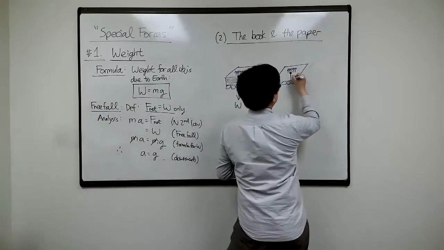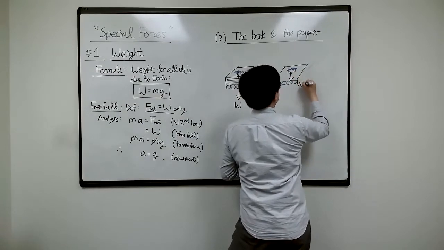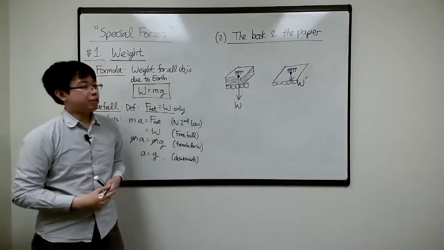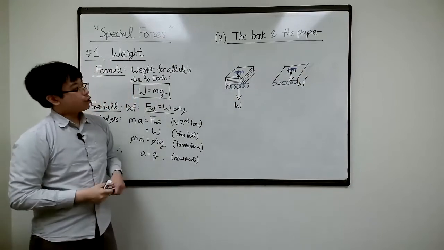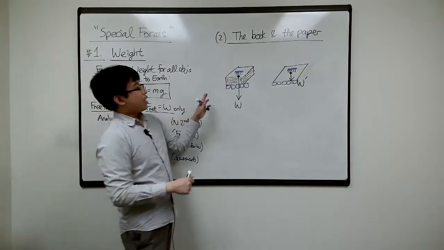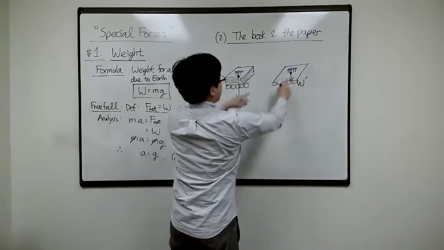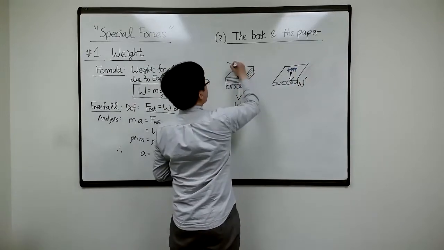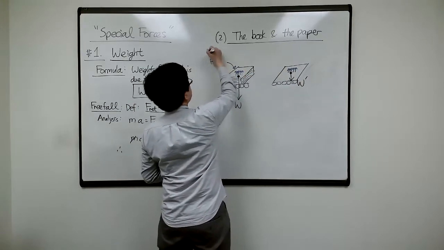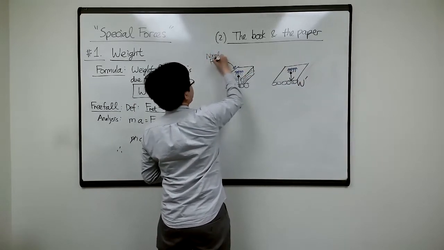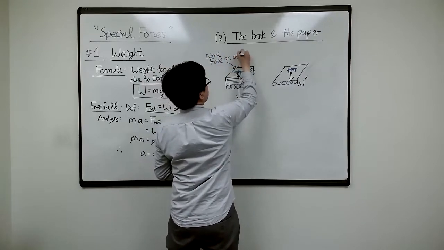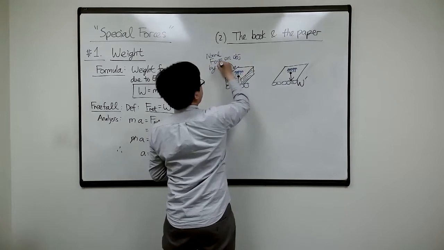So I'll draw a much smaller one over here, and let's call this W prime. So we know that this W does not equal that W. Okay, well, what do I know? What can I say about the little blue arrows? Well, those are the normal contact force on the object by the air particles.